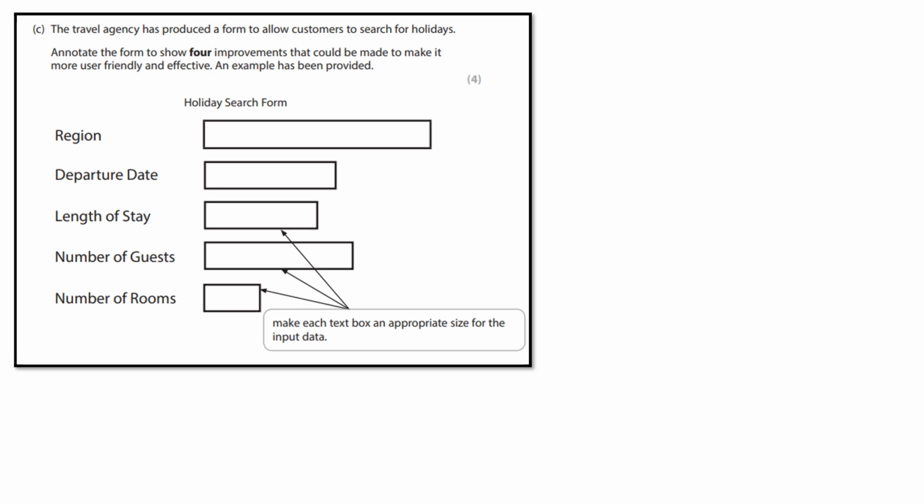So the easiest thing to do is to look over the actual form that's already there, take note of what the actual information is that's being included in the form, and then also think about things that aren't actually there that you could maybe add in as extra features. So have a little think about it, and then we'll go through and talk about the things that you could add in.